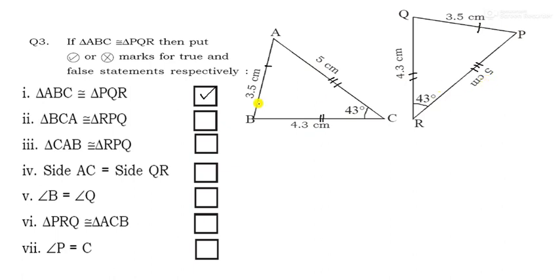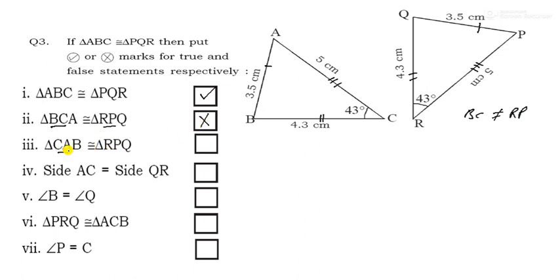So that is not congruent, so you can put not. You can see here this one BC and this is RP. Both are not equal. BC is 4.3 centimeters and RP is 5 centimeters. So you can write here BC does not equal RP. Yes, so that's why it is not congruent.